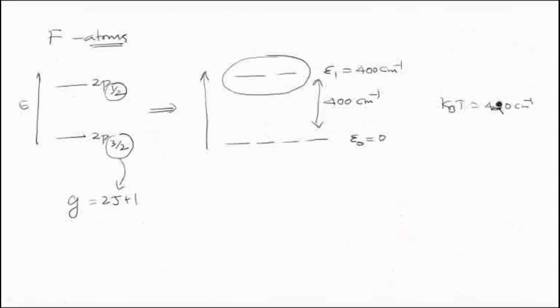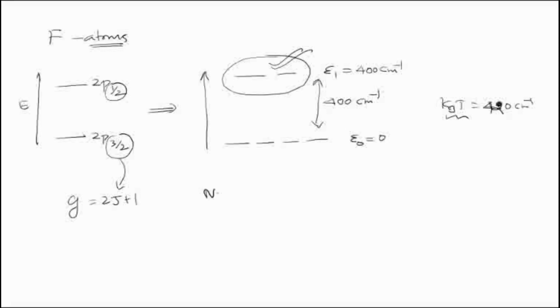What they are asking is: when the value of kBT is 420 centimeter inverse, what fraction of population will exist in the excited state? Okay, what does fraction of population in the excited state mean?